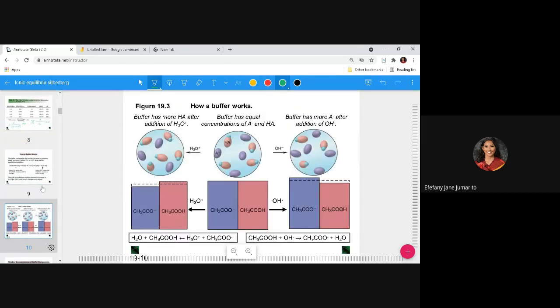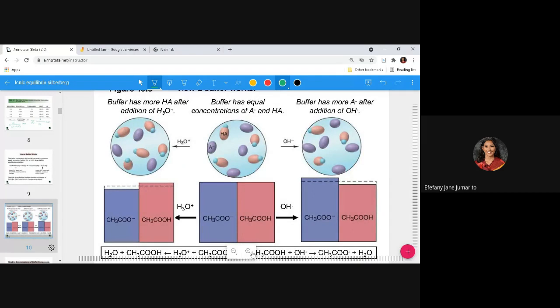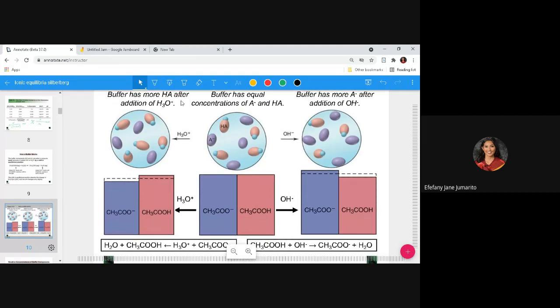All right. Now here, how a buffer works. Okay. If we add H3O plus, or an acid, this represents also the base.